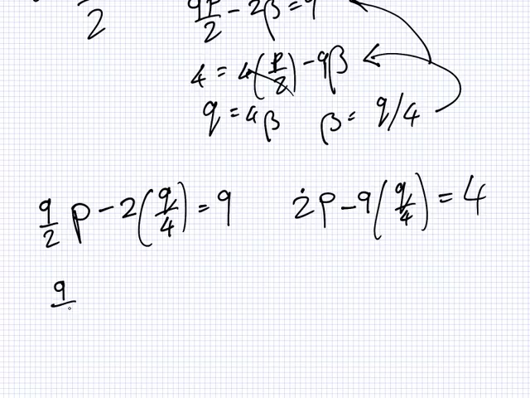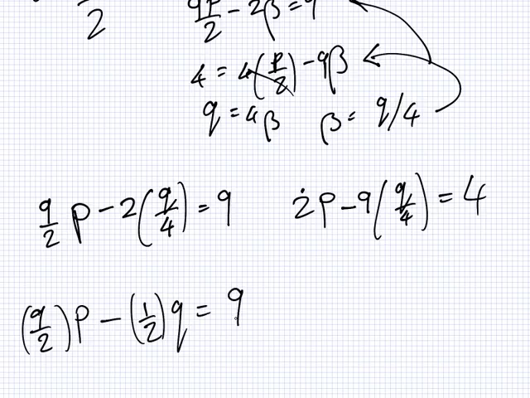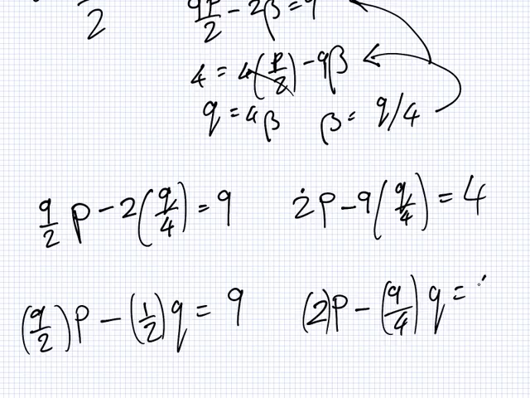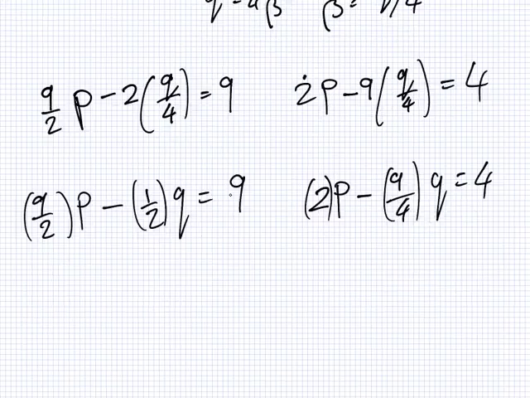That's 9 over 2p minus a half q equals 9. And here this is 2p minus 9 over 4 q equals 4. Maybe actually we should multiply by 2.